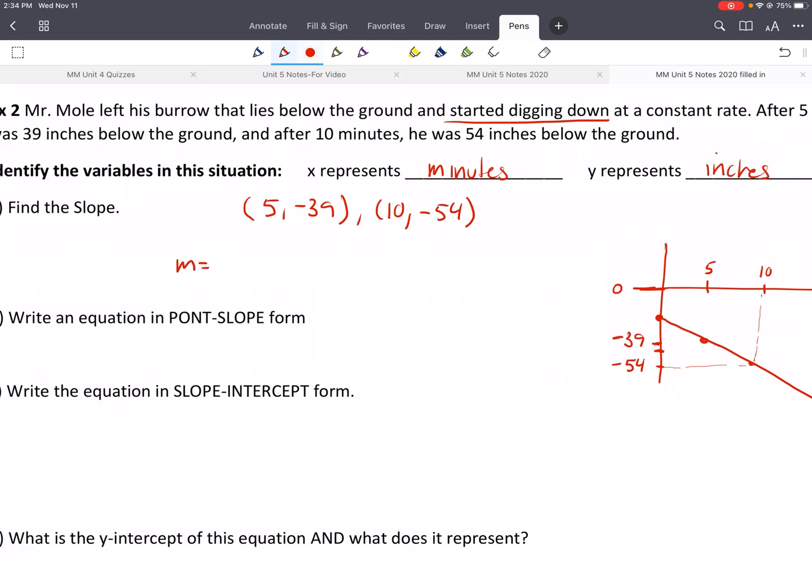So m is equal to, we'll label this as x1 and y1, x2 and y2. So we'll do -54 minus -39 all over 10 minus 5. Okay, so we can just plug that into your calculator.